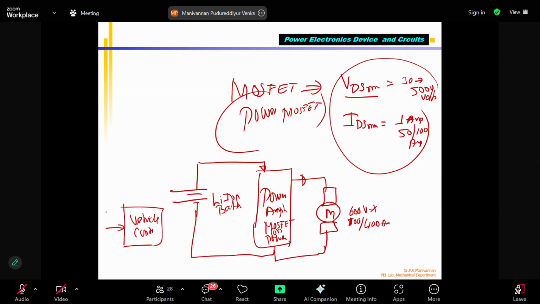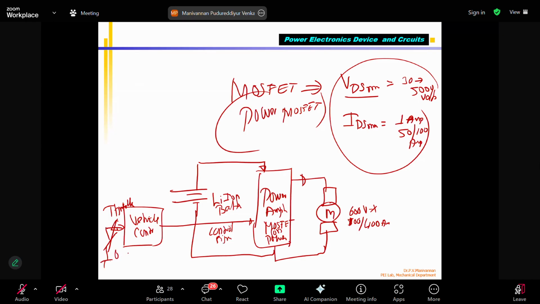which gets throttle input. It measures vehicle speed, all those things. It generates a control signal when the driver presses the accelerator pedal.